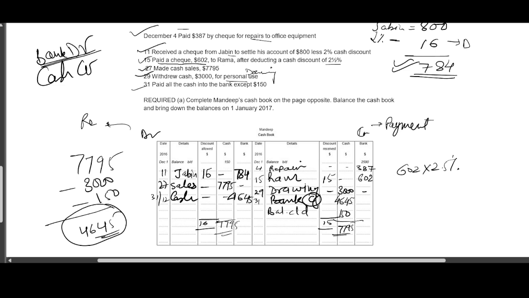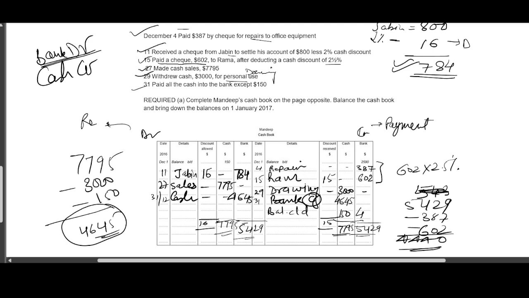Now we have to do the bank difference. 784 plus 4645, that is 5429. Okay, so 5429, and then minus these two, 387 and 602. So 5429 minus 387 minus 602, your amount will be 4440.